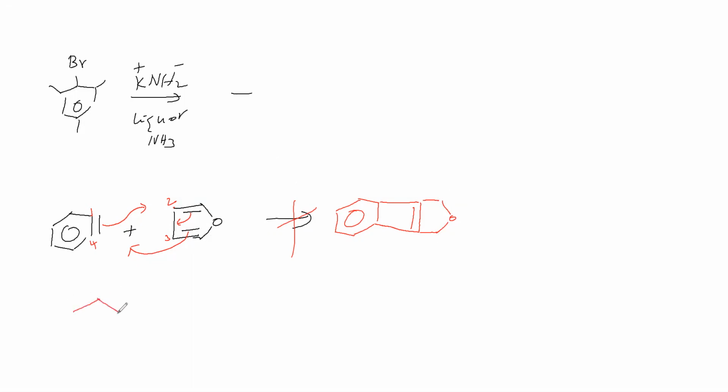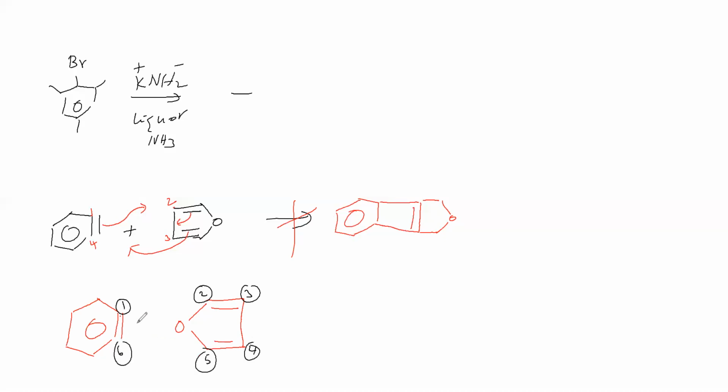Now, this benzene we will take. This furan we will take. Okay. Now, we'll give the numbering. Here, number 1 carbon, number 2 carbon, number 3 carbon, number 4 carbon, number 5 carbon, number 6 carbon.